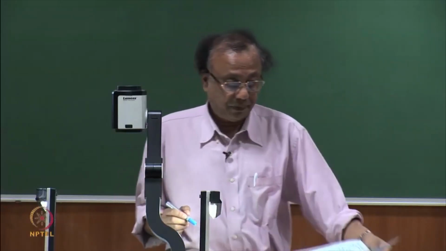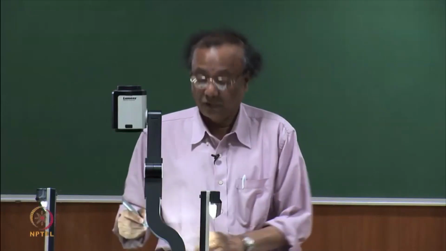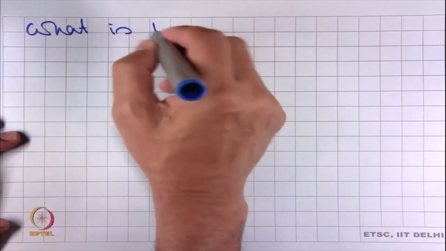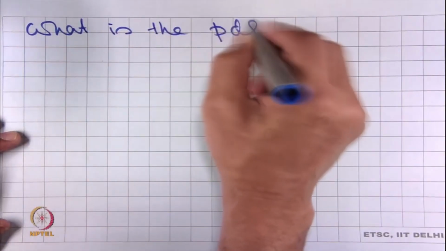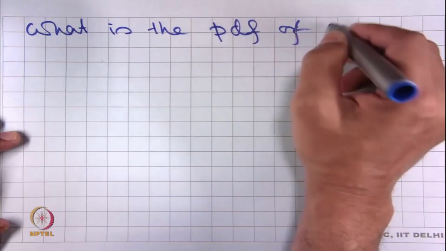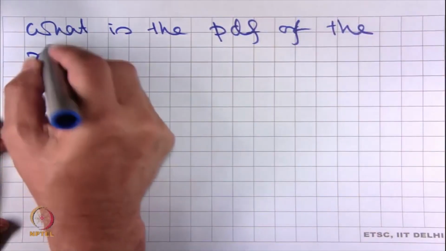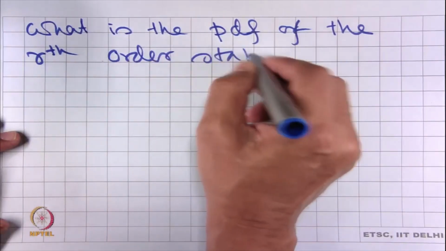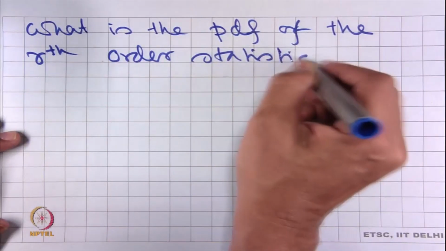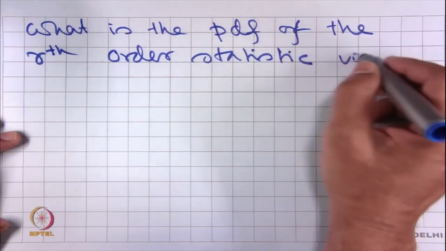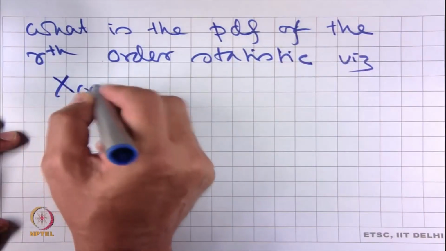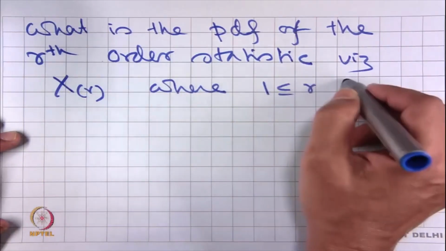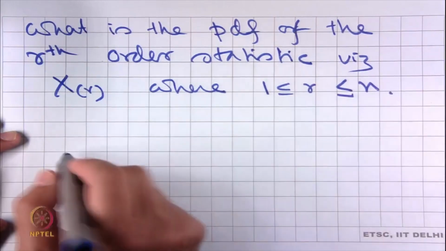Today I will look at what is the PDF of the rth order statistic, namely X(r), where 1 less than or equal to r less than or equal to n.